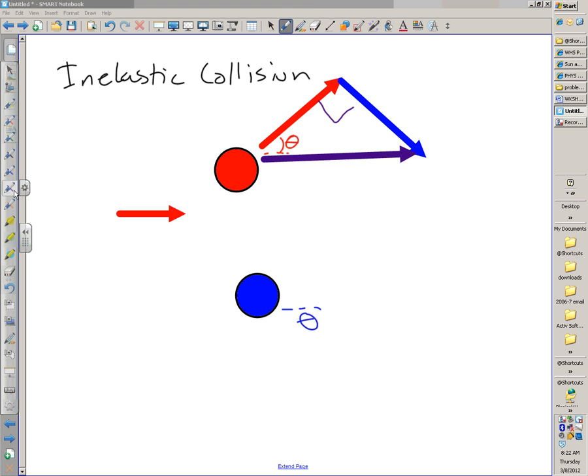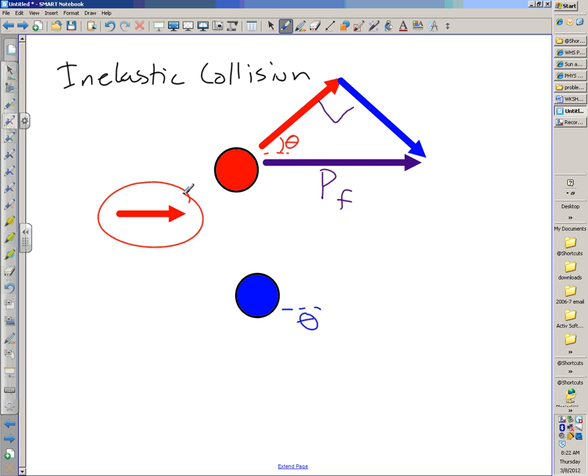This would actually be the final momentum, but it just so happens to be the hypotenuse of a right triangle, even though I didn't draw it right there. Because it's horizontal, whatever initial momentum the red ball had before the collision has to go here.